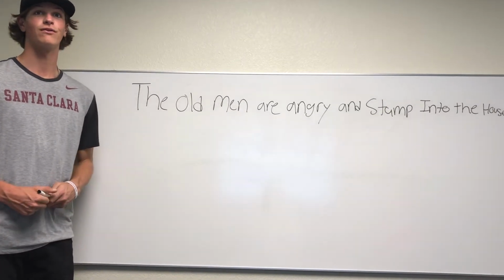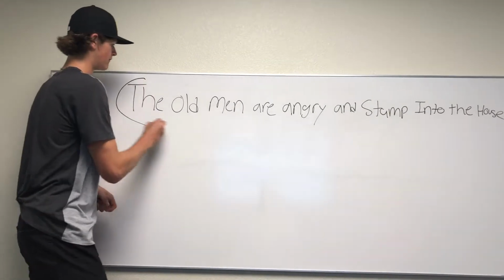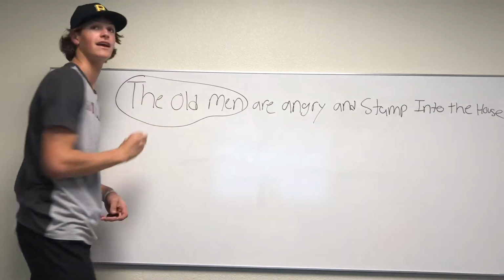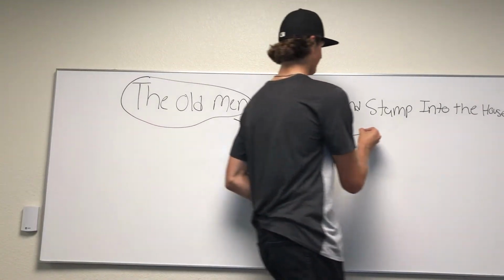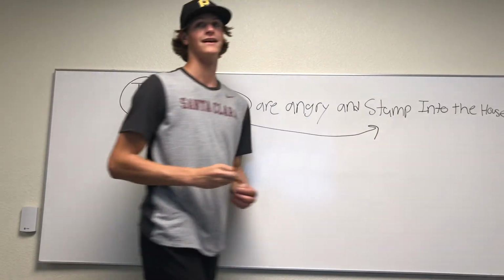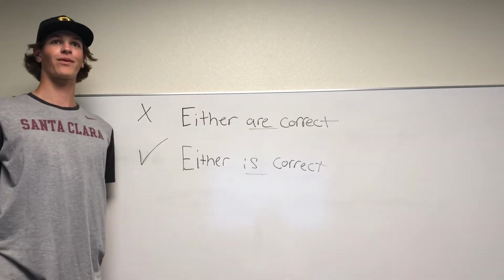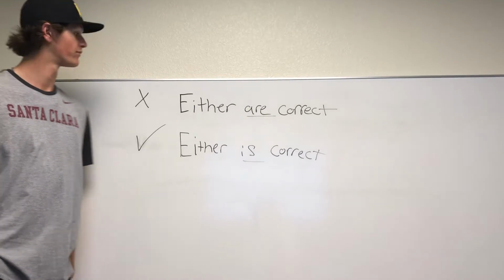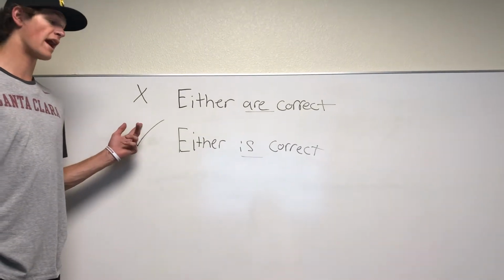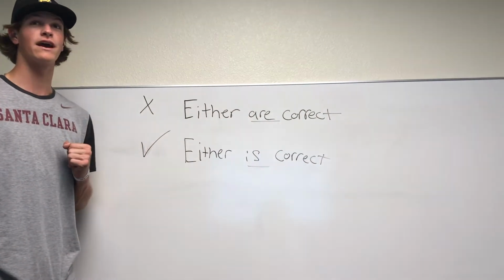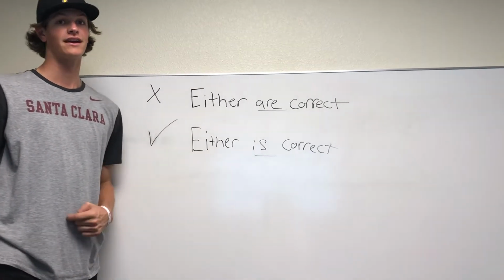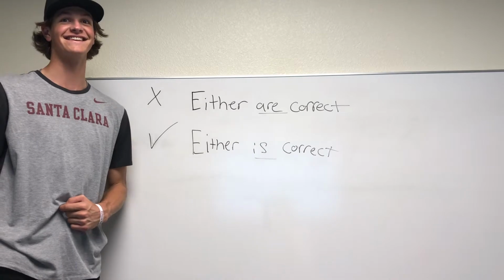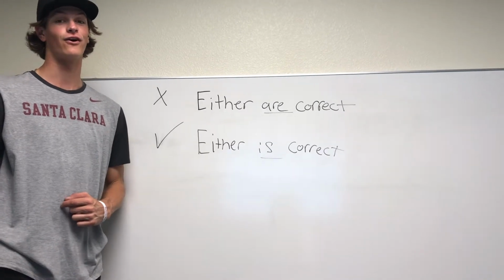Well, you would circle the old men and you would draw an arrow to stamp. Another example would be, either are correct, and the correct way to write this would be, either is correct. This is correct because each and either are always singular.